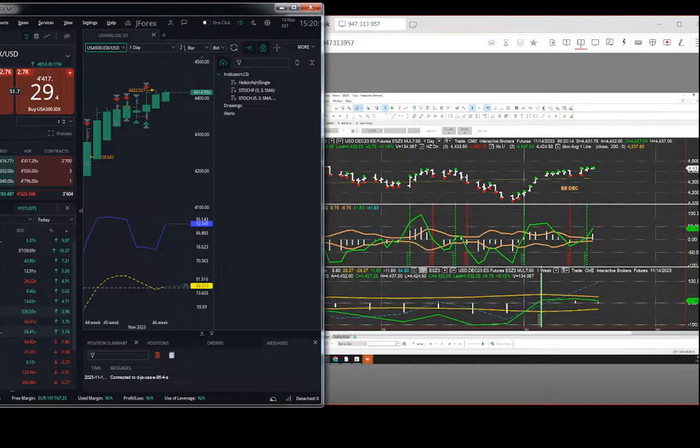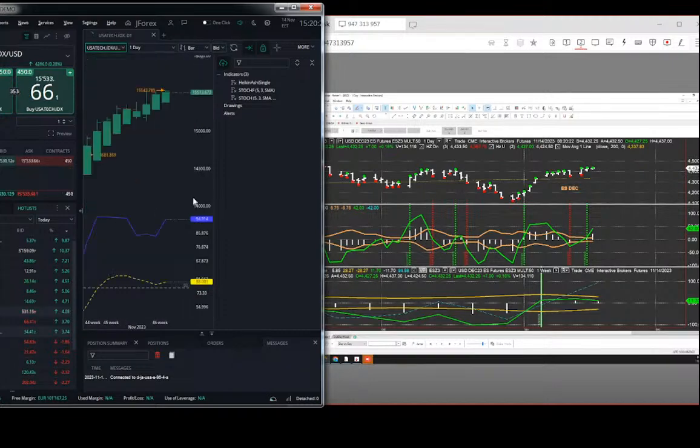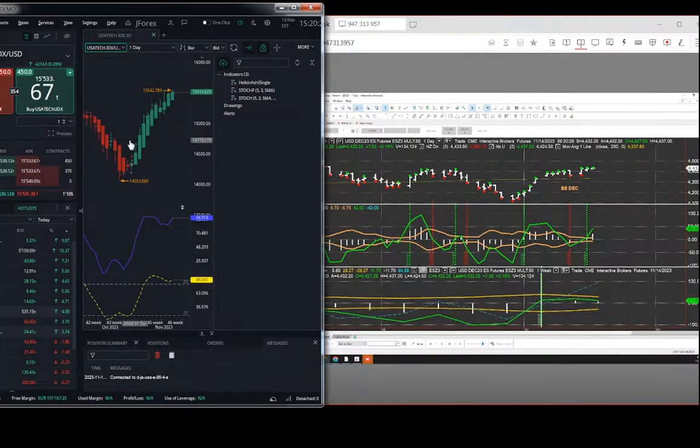Now from there, we go over to the Tech 100. Right there's the Tech 100 showing same thing, lots of strength. Stochastics at 94.9 versus 88 even. So they're buying them slow and softly.